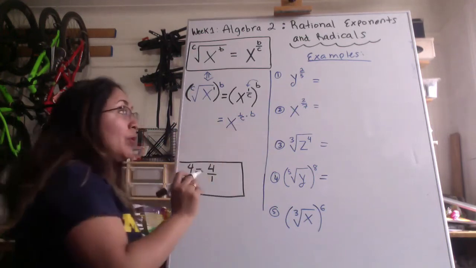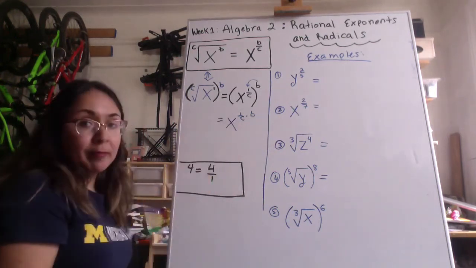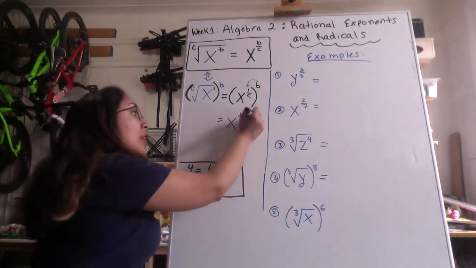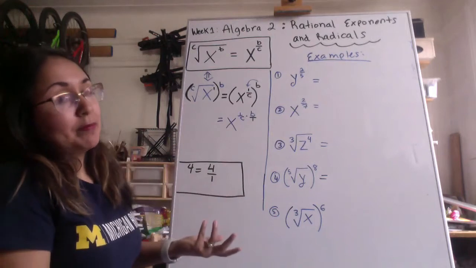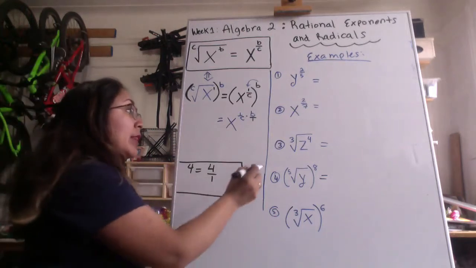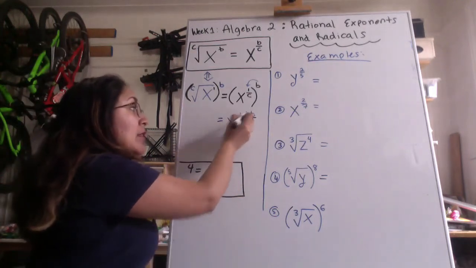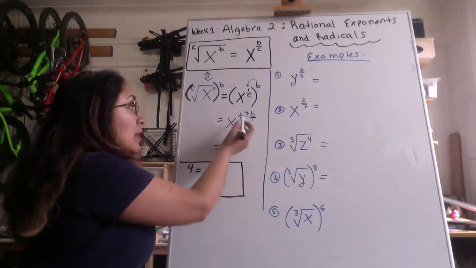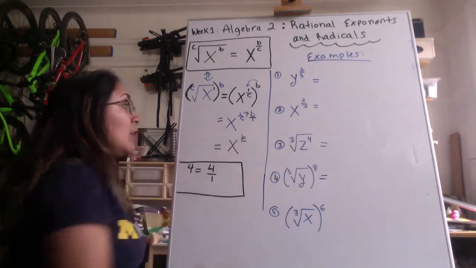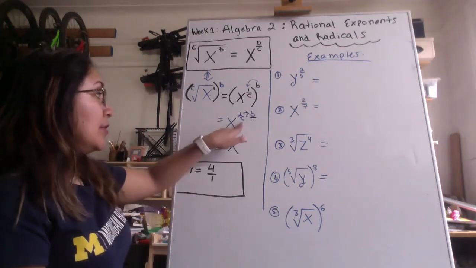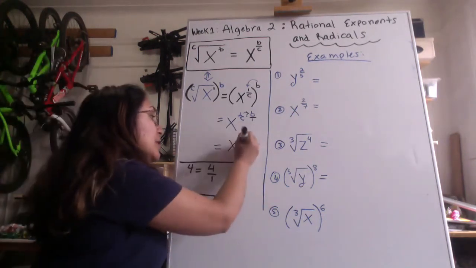So when you're multiplying a fraction with a whole number, there are 2 ways to do this. You could turn your whole number b into b/1. And when you multiply fractions, you multiply the numerators together, so 1 times b is just b. And then you multiply the denominators together. c times 1 is just c.